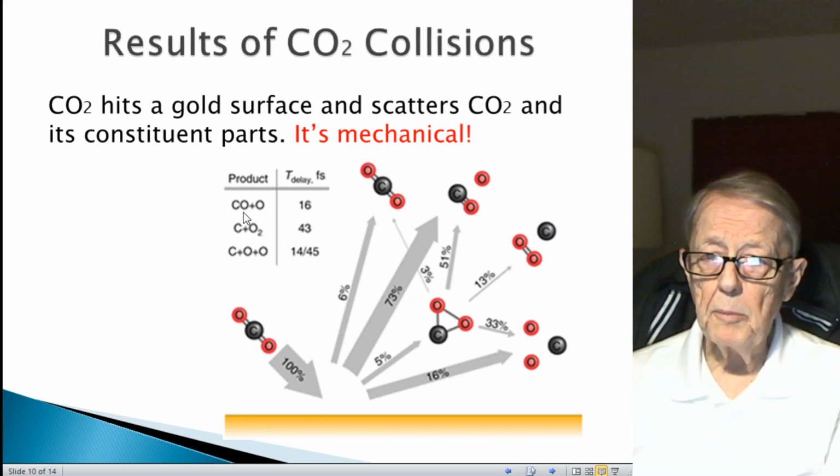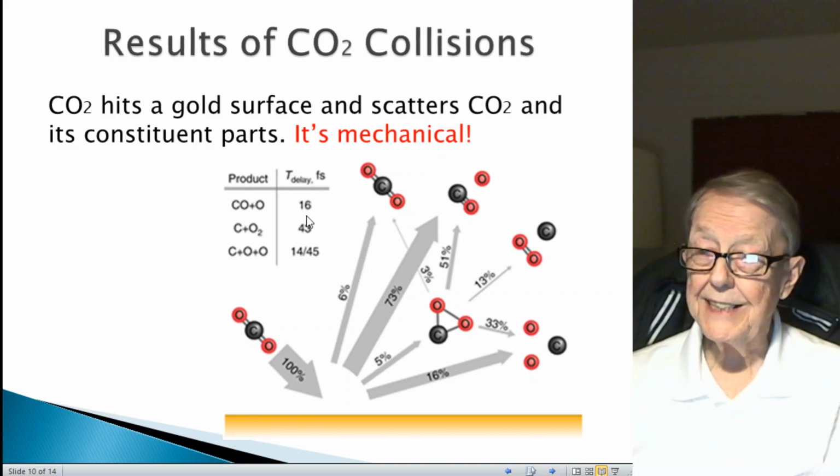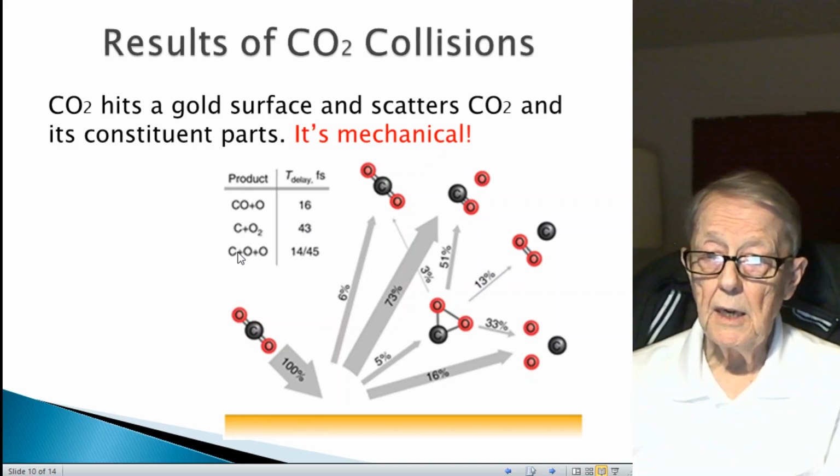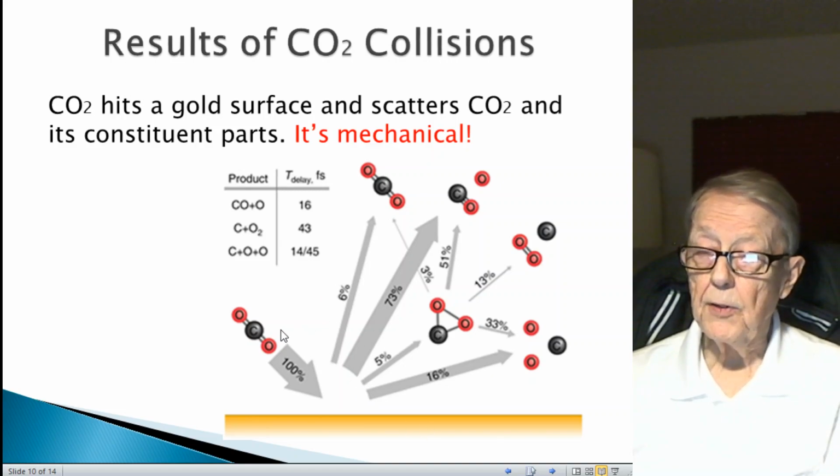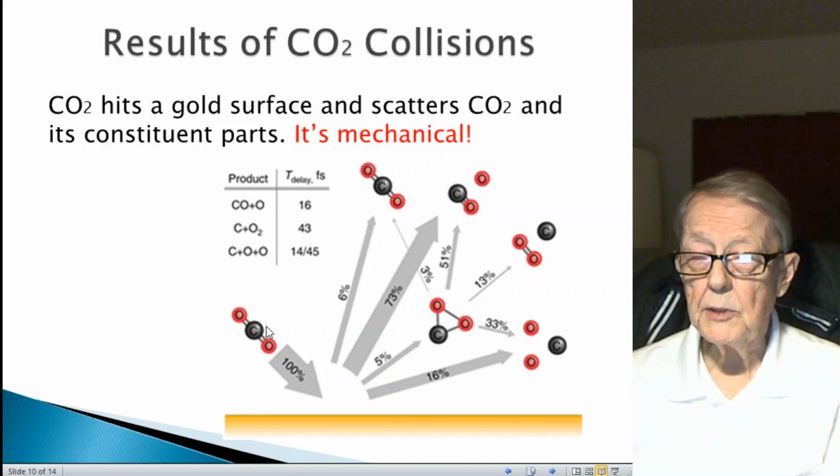Carbon monoxide and oxygen takes 16 femtoseconds. Carbon and oxygen take 43, presumably because it goes through this intermediate state. The total splitting either takes 14, which is probably this path, versus 45, which is this path. So that's in their paper, but this is why I'm mentioning it.